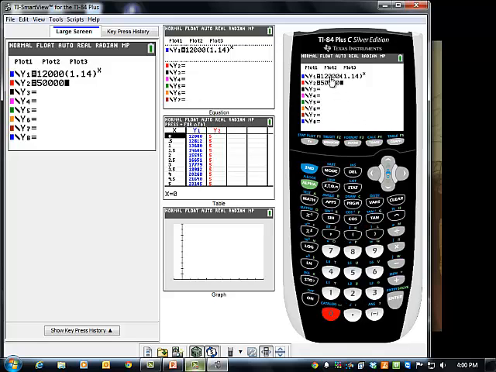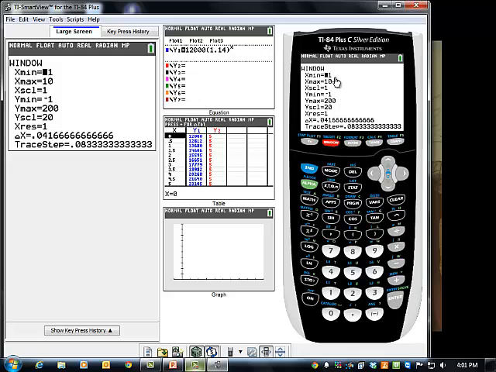Okay, so I put in my equation, $12,000 times 1.14 raised to the x power, and I need a horizontal line at $50,000. Now, before I graph, I'm going to hit the window. Let's adjust our window. We know x is time, and time is not going to be anything negative, so we're just going to leave it there. We said our years of time could go up to 20, maybe 30 years. It doesn't matter.